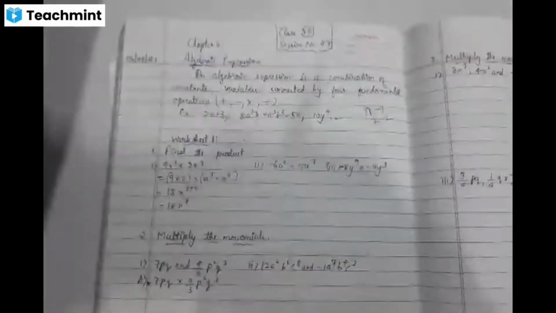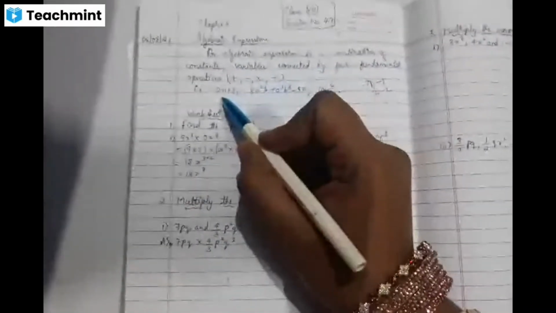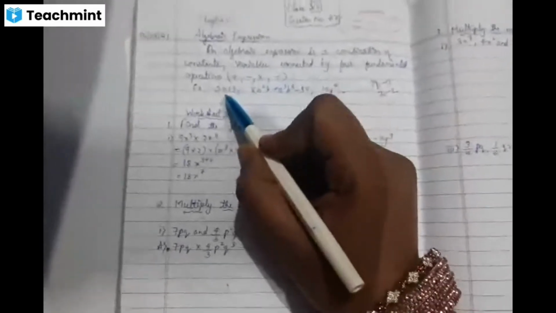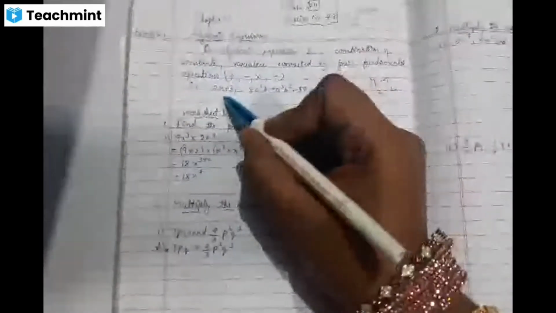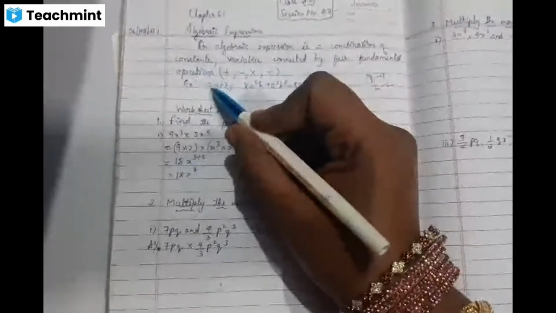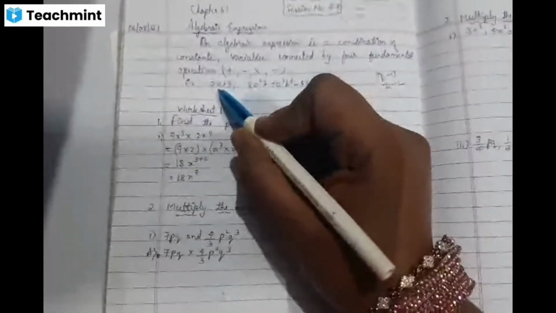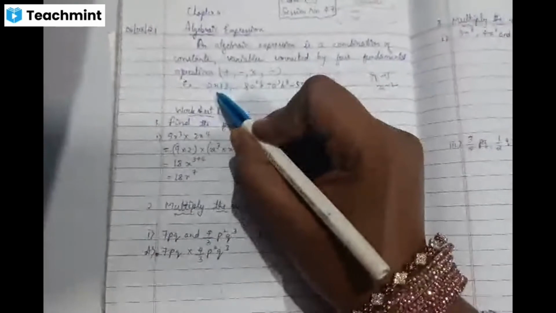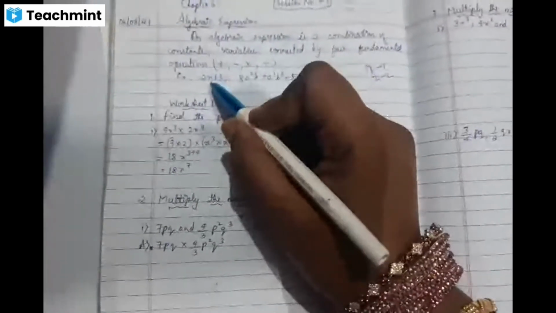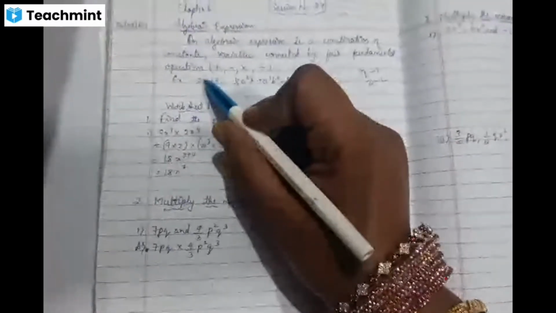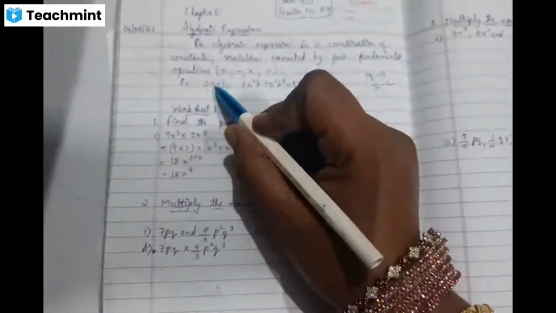Here, let me take some examples. What are algebraic expressions? First one is 2x plus 3. Here you have the combination of the constants, that is 2 and 3, and variable, that is x is the variable. Here variable can be taken from the English alphabets A to Z. Only you have to consider small letters, children.